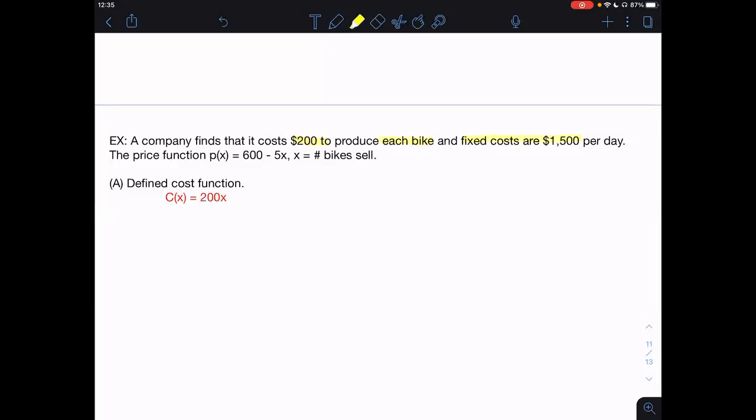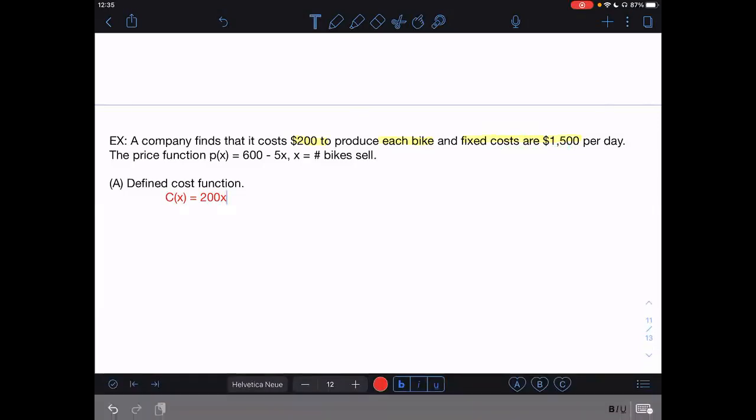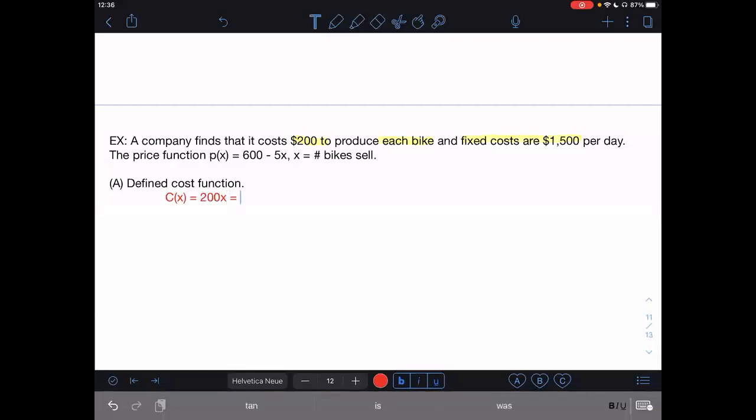Okay, meaning on a certain day, if we want to make X amount of units, no matter how many bikes we make, we have to pay a single fixed cost of $1,500. So it's going to be 200X plus 1,500.